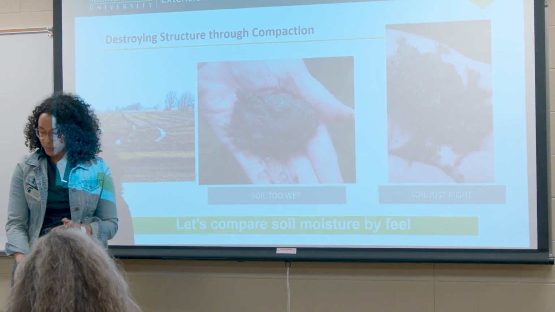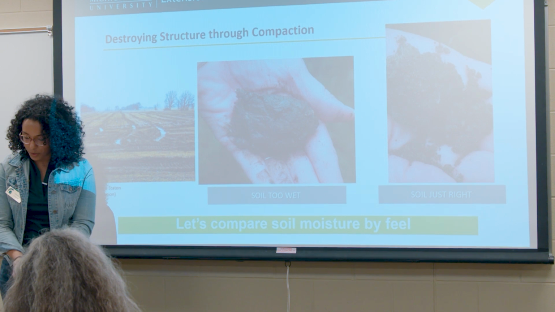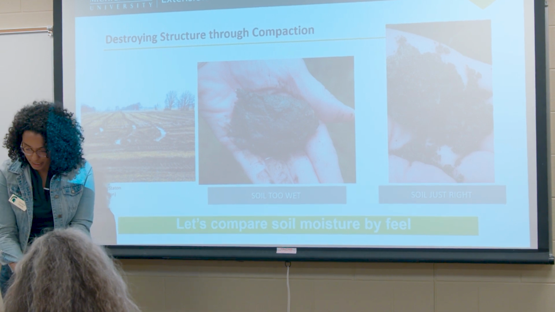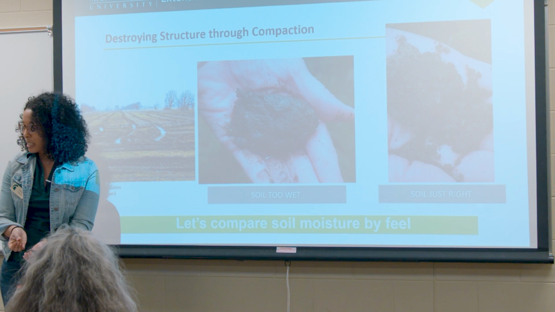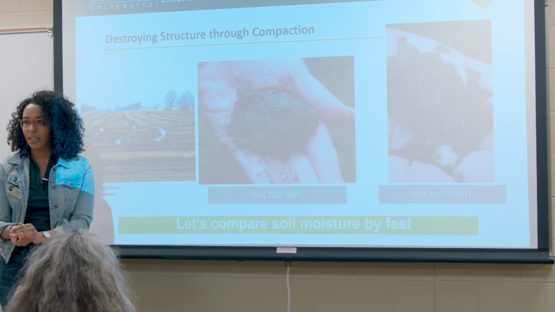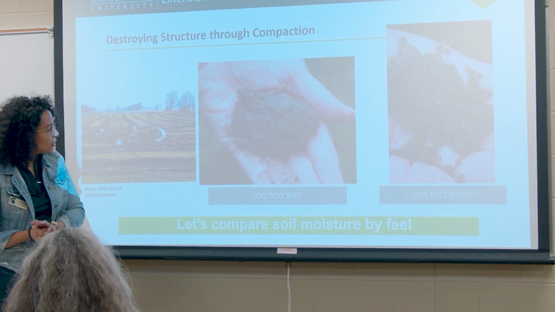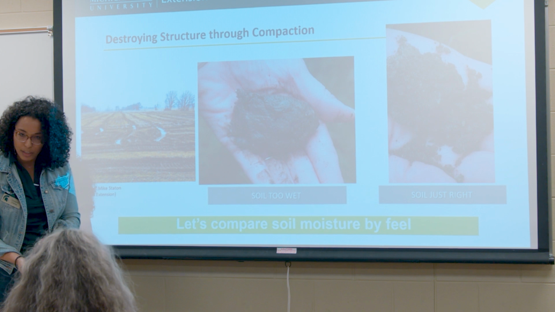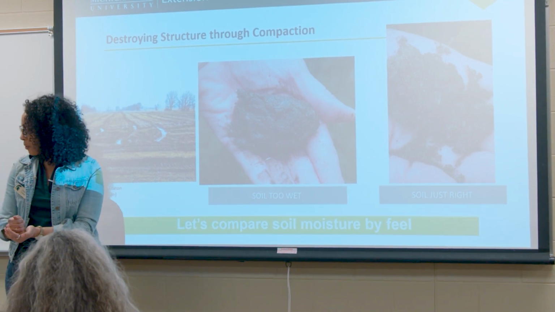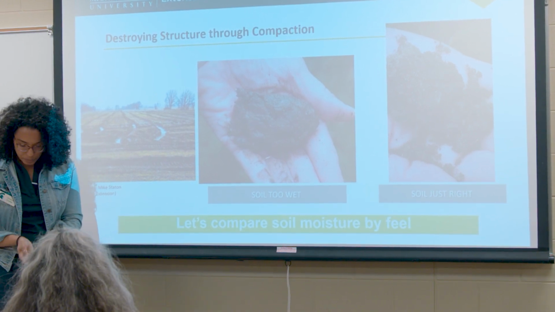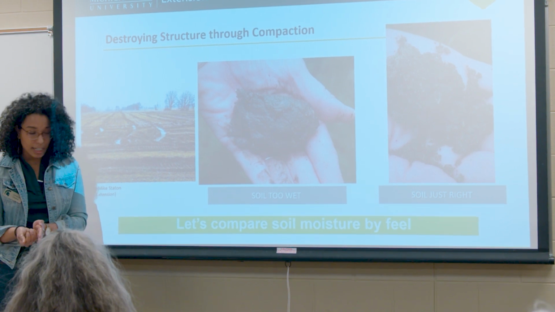But in general, if you're working with a soil and you want to see if it's too wet, you're going to compress it together and you're going to see if it's staining your hand. That's a big one. If it feels wet and you feel moisture still in your hand after you squeeze, like you could squeeze out water, right? And then you're making that really nice ball.